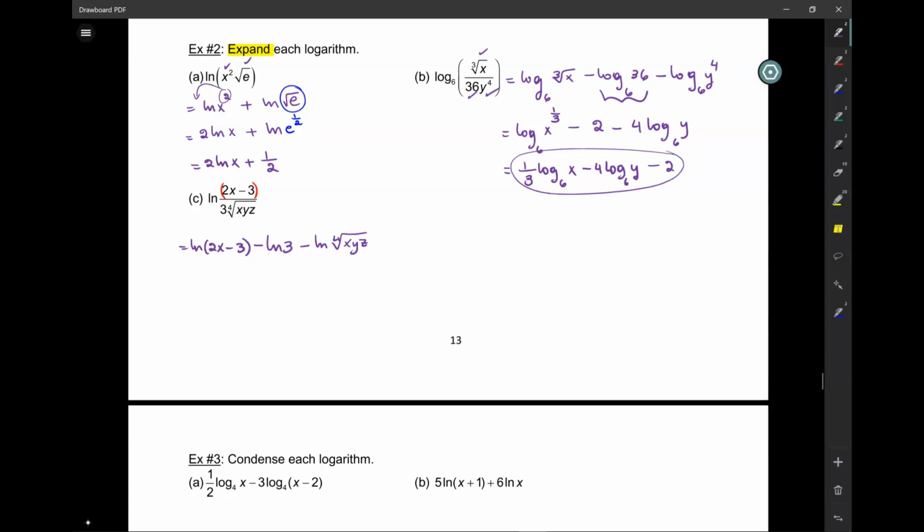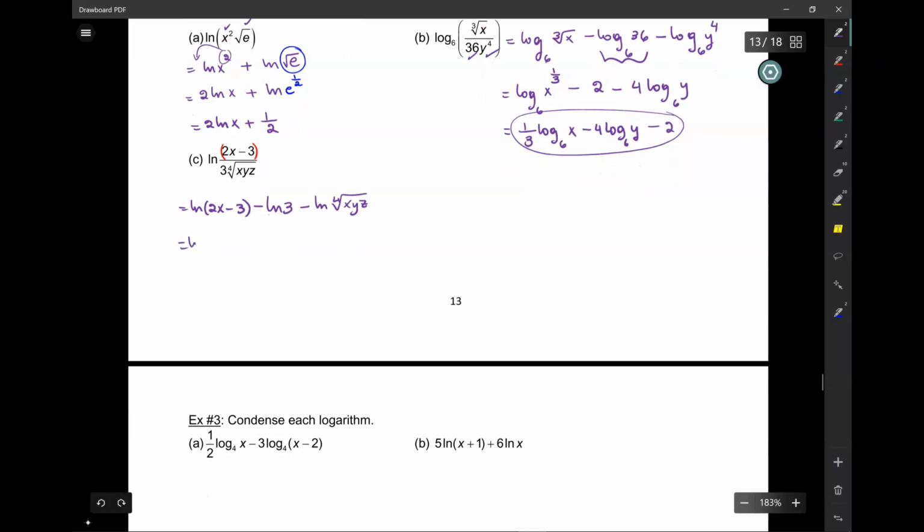And this will get almost no credit because this scrunched up mess here has to be split up into 3 different terms. Okay, so this is going to be ln of 2x minus 3 minus ln of 3 minus ln of xyz to the 1/4.